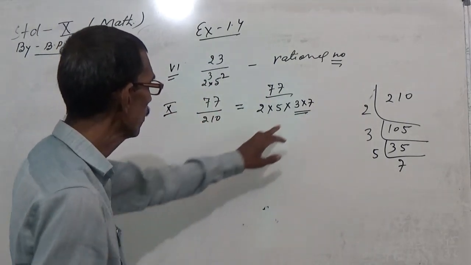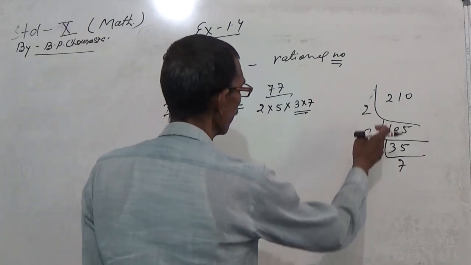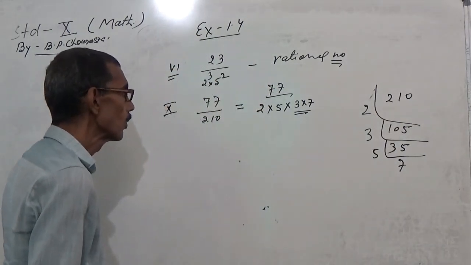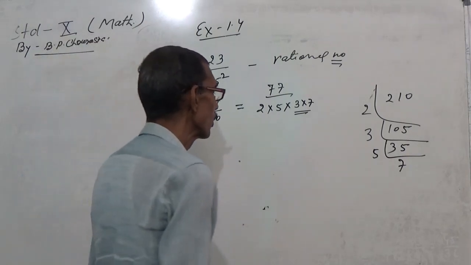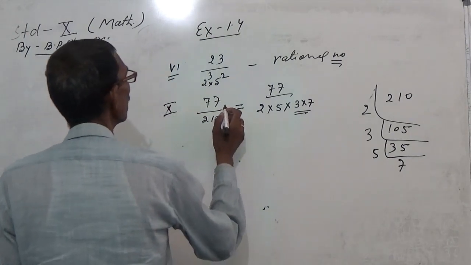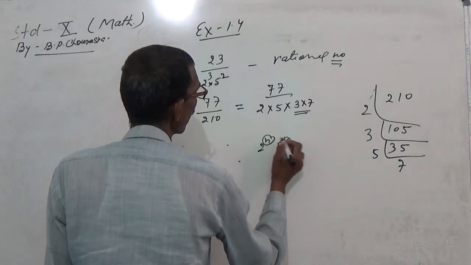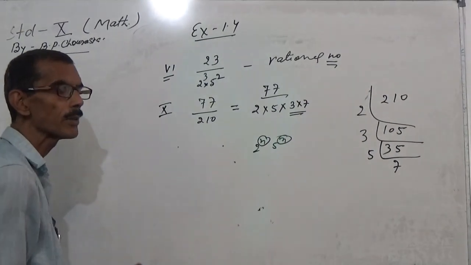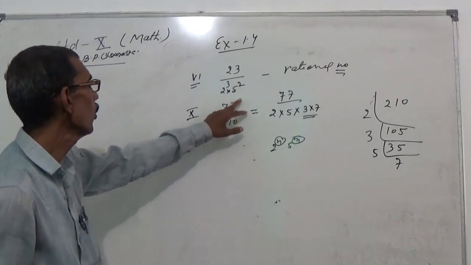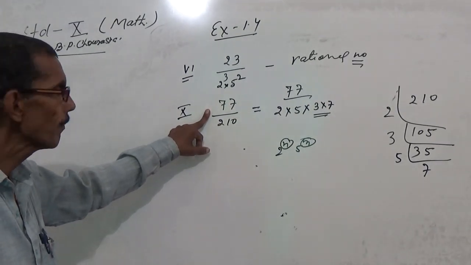Here two more factors are obtained by prime factorizing 210. So this is not of the form 2 to the power m, 5 to the power n, where m and n are non-negative integers. So you cannot get the value of this rational number as terminating.